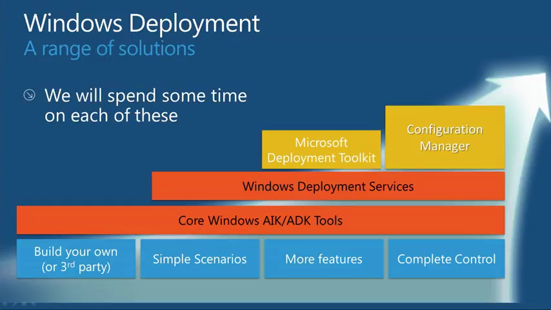Things like Windows PE, USMT, ImageX, those lower level pieces. Windows Deployment Services provides PXE and Multicast as a layer sitting on top of those lower tools. And then you have MDT and Configuration Manager as deployment solutions that tie all those together into a particular deployment process.